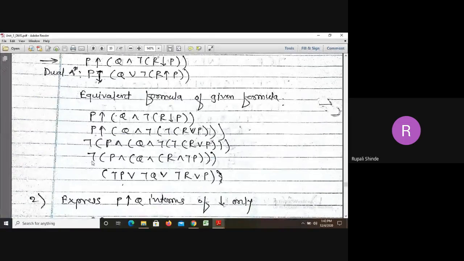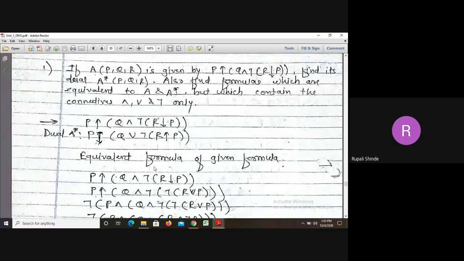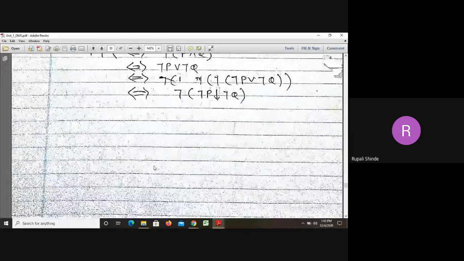Again we have to apply this negation to the whole bracket as negation of P or negation Q or negation R or P. So this is the term we have simplified, containing only or and negation. These kinds of problems they have also asked for 6 marks.